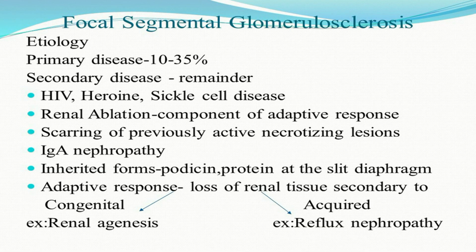HIV is the most important cause, followed by renal ablation, scarring of previous active necrotizing lesions, IgA nephropathy. Inherited forms also play a role, like podocin protein, and adaptive response because of congenital renal agenesis or acquired reflux nephropathy.